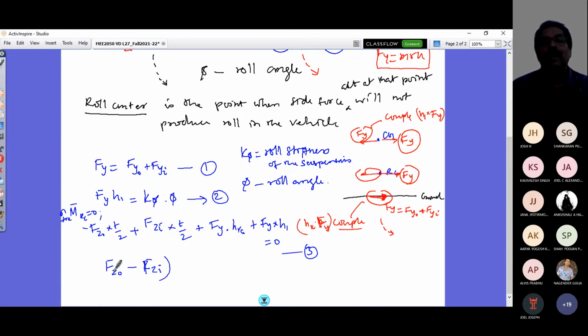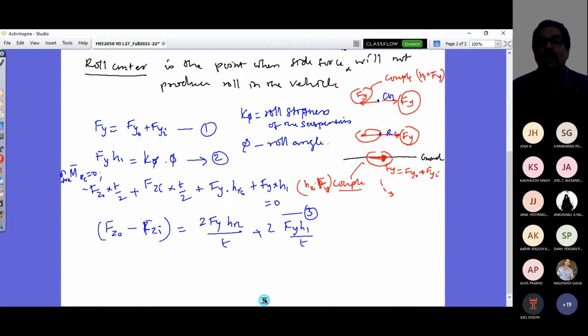And the 2 by T by 2 was there, that I will bring to this side, and that's going to be written like that, 2 Fy h_RC by T plus 2 Fy h1 by T. So this is that equation 3 rewritten now, just manipulated on both sides, and this is what is delta F_z. Change in normal load in my model.